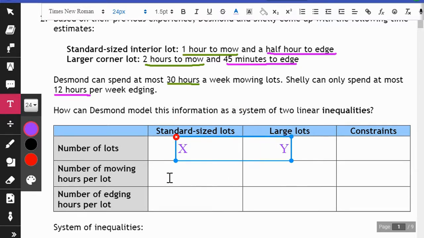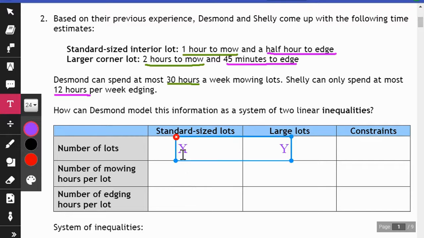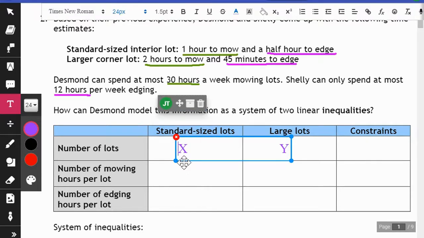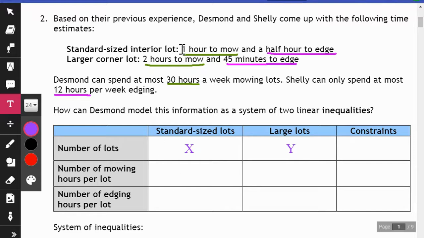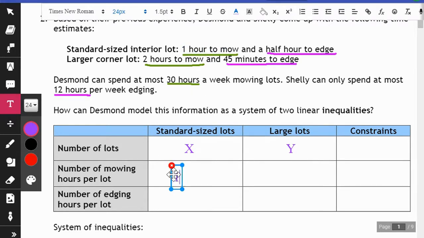Okay. Now, how many hours does it take to mow X lots? Well, it's a small lot and it takes 1 hour. That's what we said. So we'll say 1X. That's how many hours it takes to mow the small lots, whereas a large lot takes 2 hours.